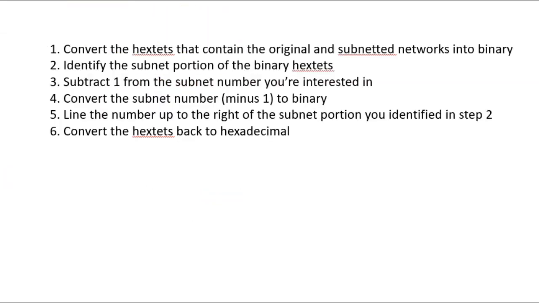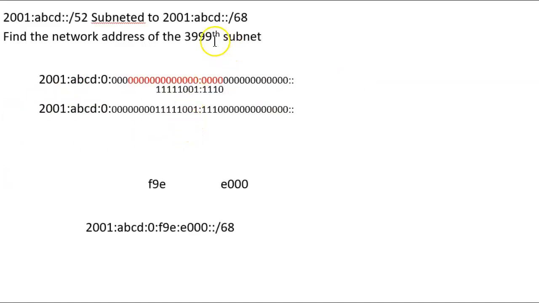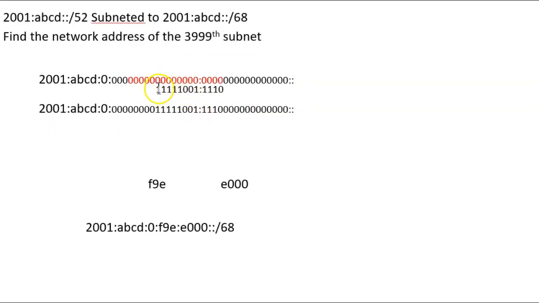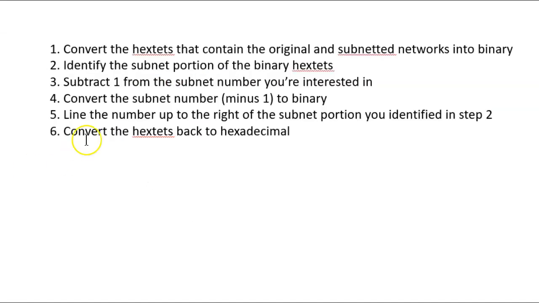We identified that. Subtract 1 from the subnet number you're interested in. So we did the 3998 and then converted that subnetted number, minus 1 anyway, to binary, which we did right here. And I put that extra colon in there just to make it line up.